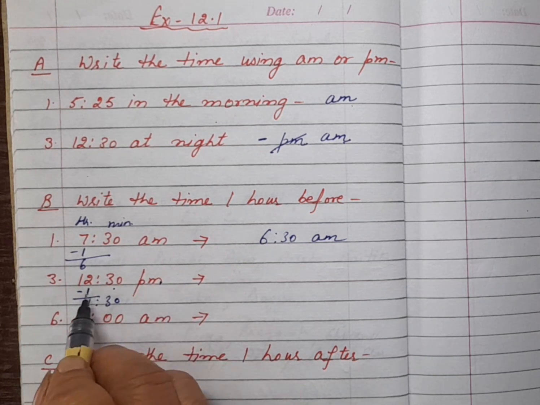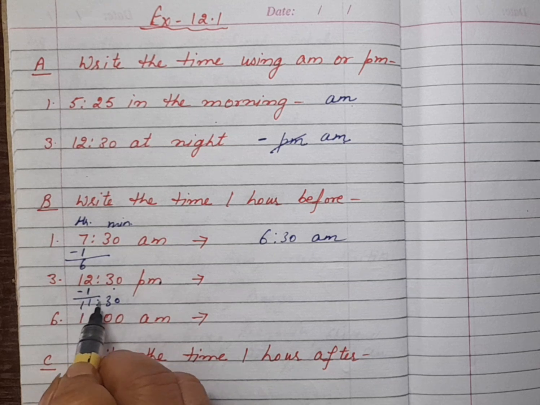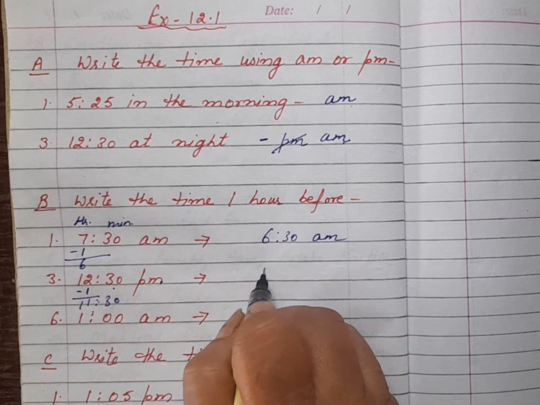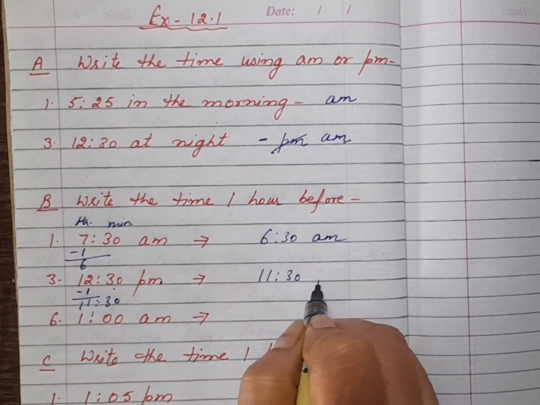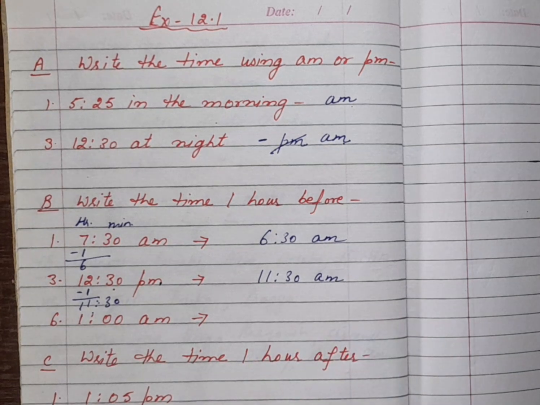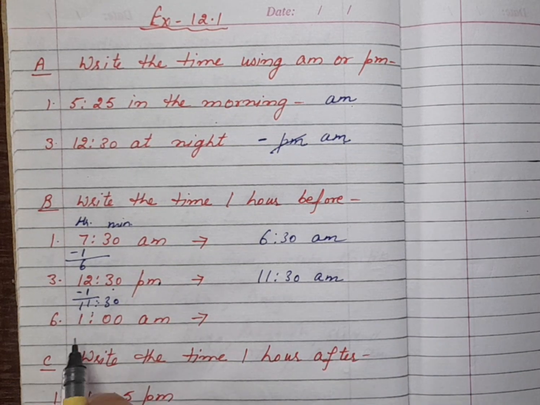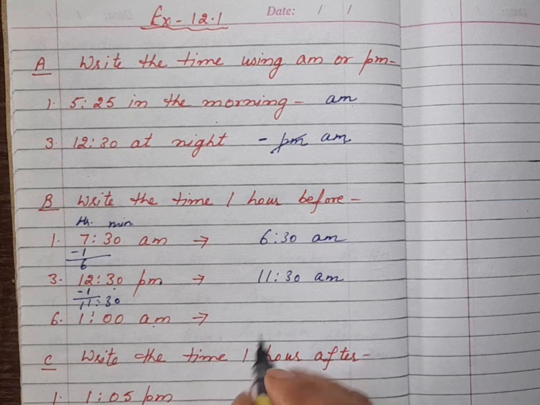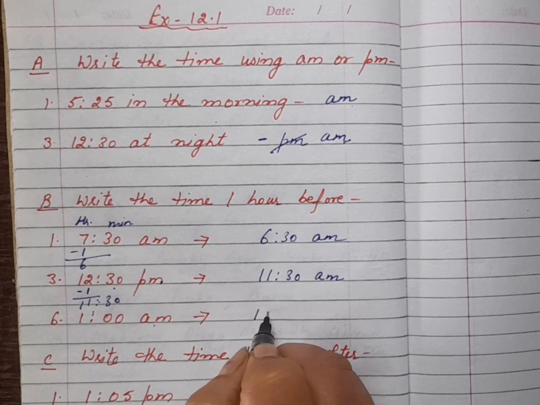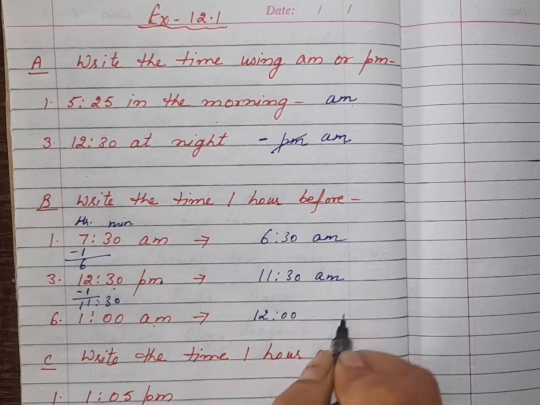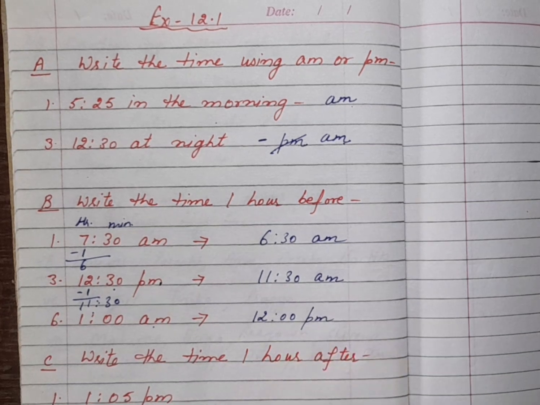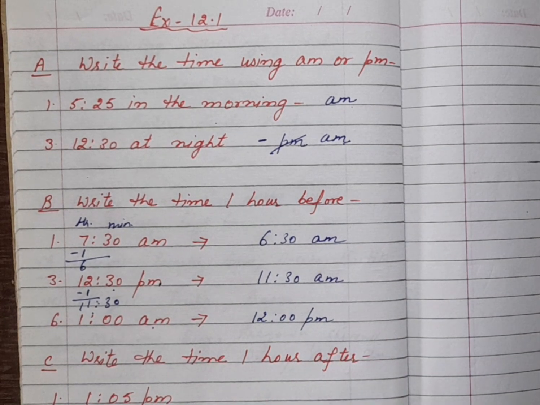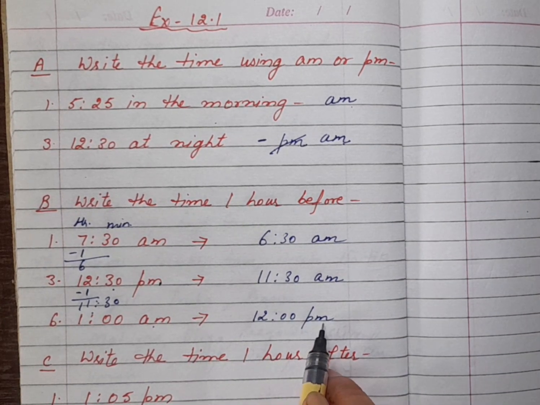When we do minus 1, it is 11:30 AM. Now 1 AM. 1 hour before, it is 12 PM. Okay, that is 12 PM.